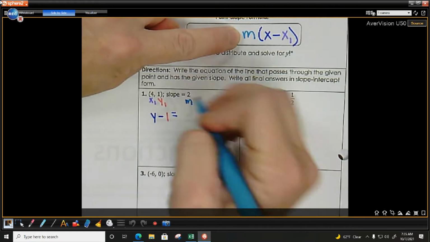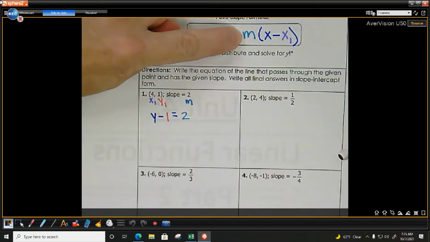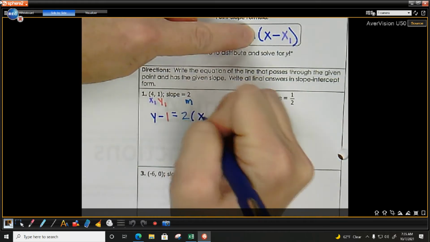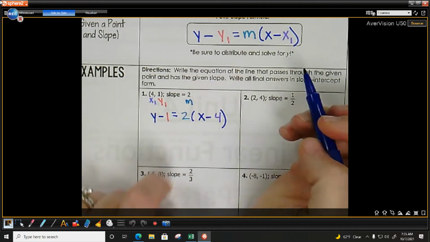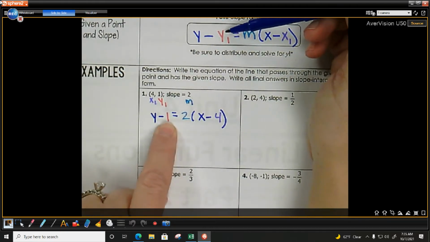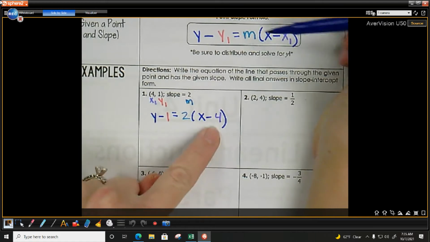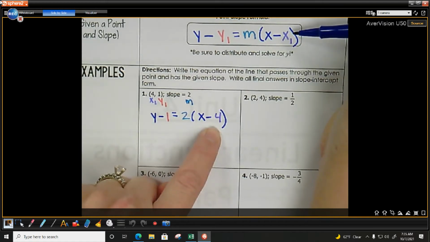What's m, guys? 2 times x minus, what's x1? 4. So all I did was replace my y1 with 1, replace my m with 2, replace my x1 with 4.